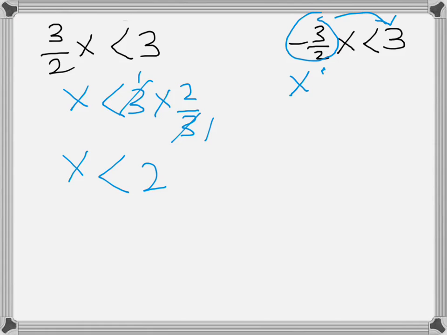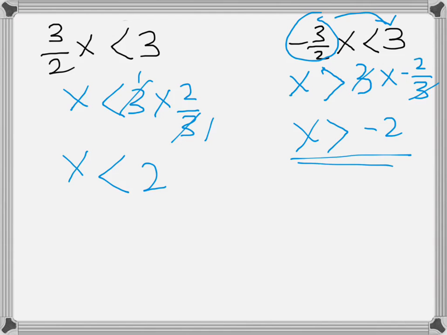So divide got involved negative, make sure we change the symbol. So then 3 multiplied by -2 over 3. Simplify again, you got x will be bigger than -2.